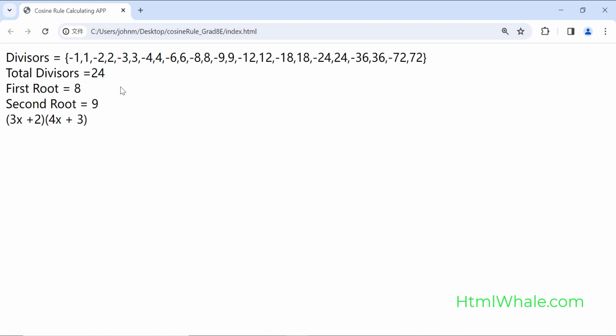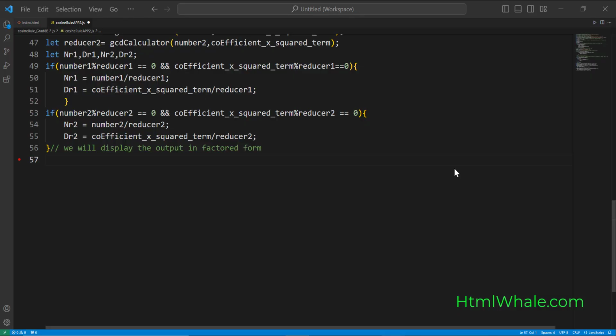So what I wish to do is, though I have selected 8 and 9 because of the fact that they add up to 17, but when we are presenting the output, we need to document the output a little bit more with clarity. What I'll do is, to avoid any ambiguity, I will display all of the information given, starting from the polynomial that we have assumed at the start.